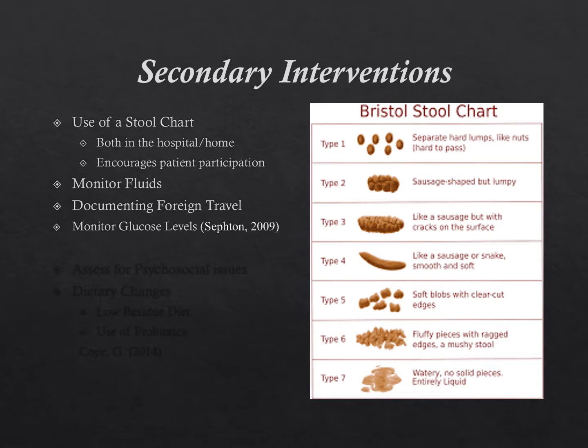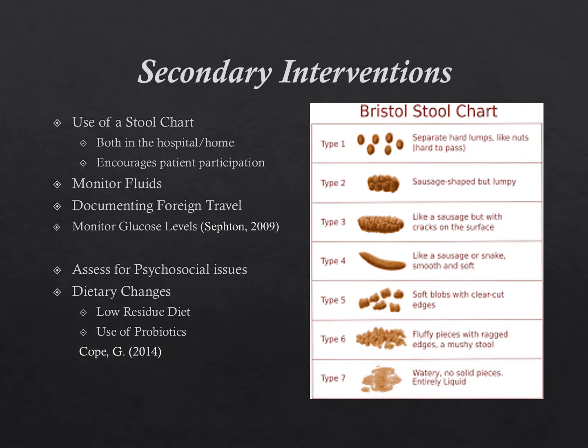Document foreign travel to help rule out infections such as C. diff, as well as monitor glucose levels, as these patients are at higher risk for developing diabetes. Assess for psychosocial issues, as these patients may have anxiety, depression, or body image issues. And lastly, counsel on dietary changes. Many patients follow low residue diets, as well as the intake of probiotics.